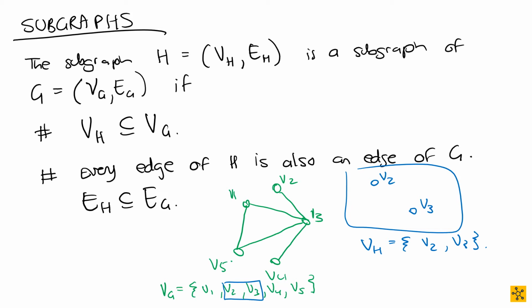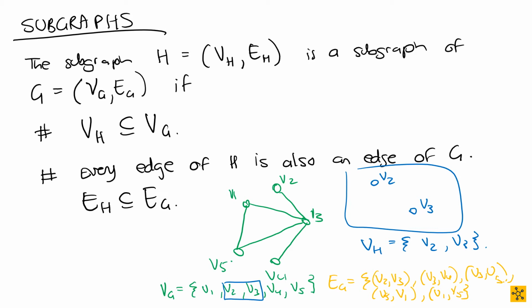So right now, we could label it, we could write it out as your EG is equal to, and then we have V2, V3, comma, V3, V4, comma, V3, V5, comma, V3, V1, comma, V1, V5.